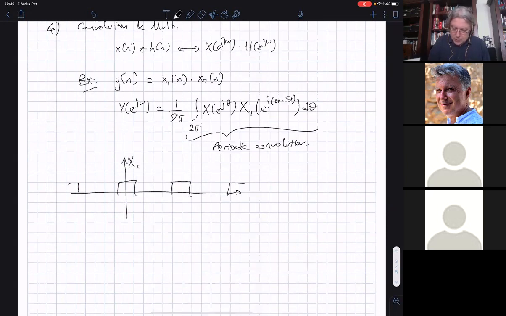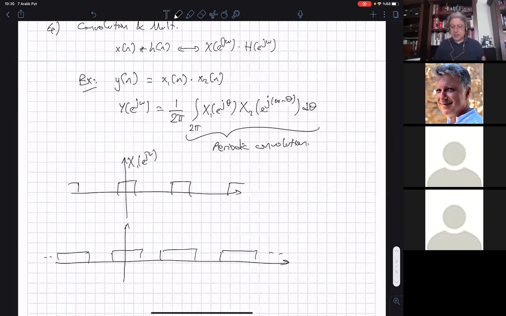This is X1 of e to the j omega. X2 of e to the j omega is, let's say, also another low pass, maybe a little bit wider, like this. This is X2 of e to the j omega.